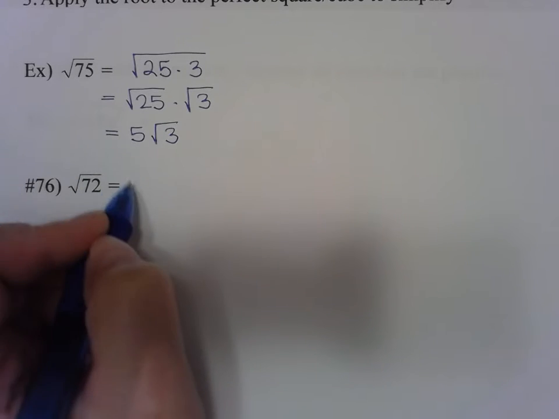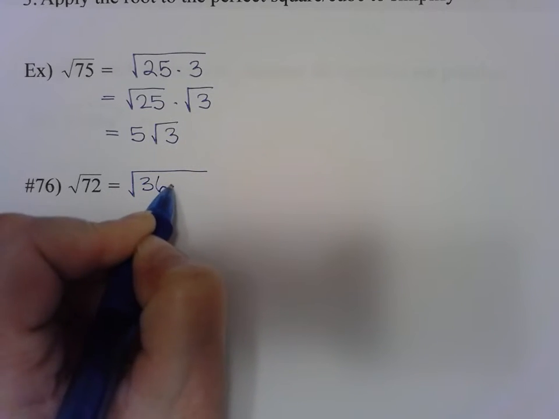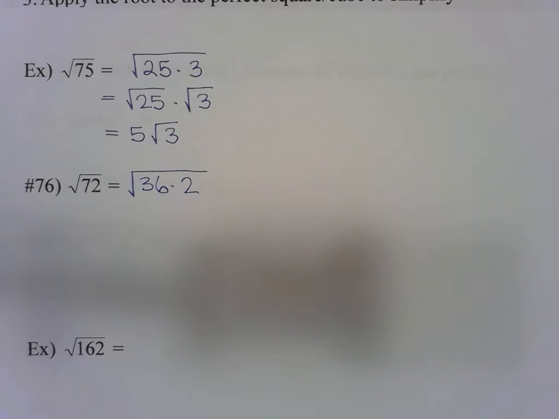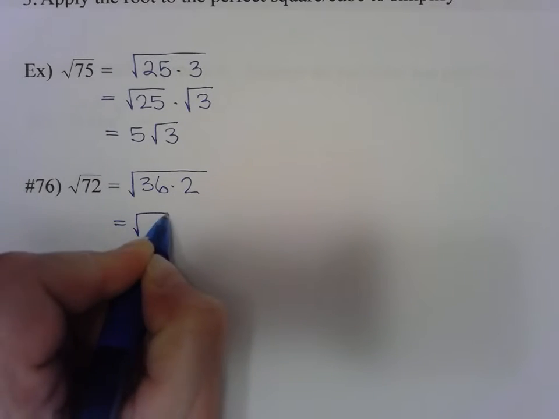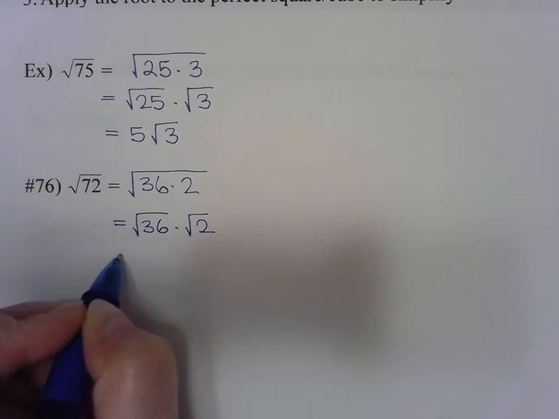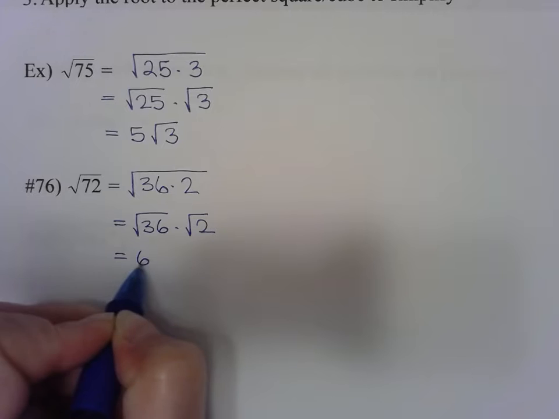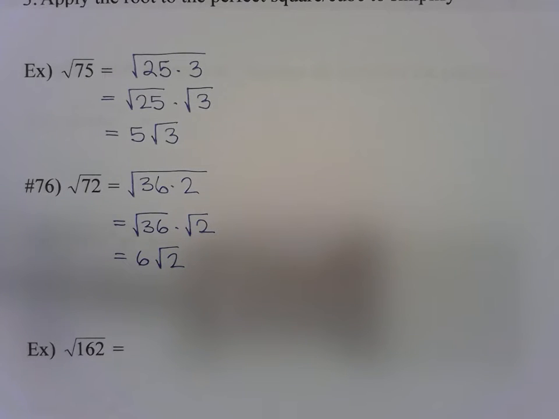Okay, 72 is 36 times 2. This would be the most efficient option. So if you came up with this, this would be the straight shot right to the end, okay? You have your calculator. You can use it to help you out as well, to test out different factors if you need to do that. I know the square root of 36 is 6. So I can write this as 6 square root of 2.